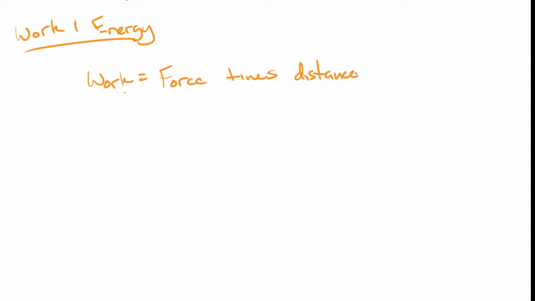But I'm going to tell you right now that for all intents and purposes, work is a type of energy. You should think of it as a type of energy. And indeed, if you look at the units of work, which I'll write as W, do not confuse with weight.